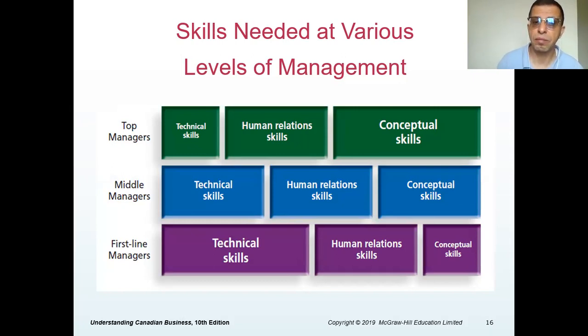But when you look at the middle manager, it's balanced across the three. They're all the same size. And when it comes to the first line, they don't need to spend that much on the conceptual skill, but they have to be really, really strong in the technical skills to supervise the non-managerial employees.